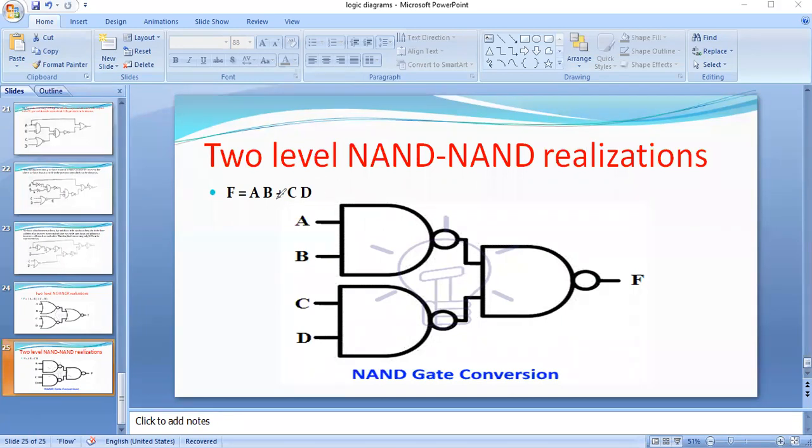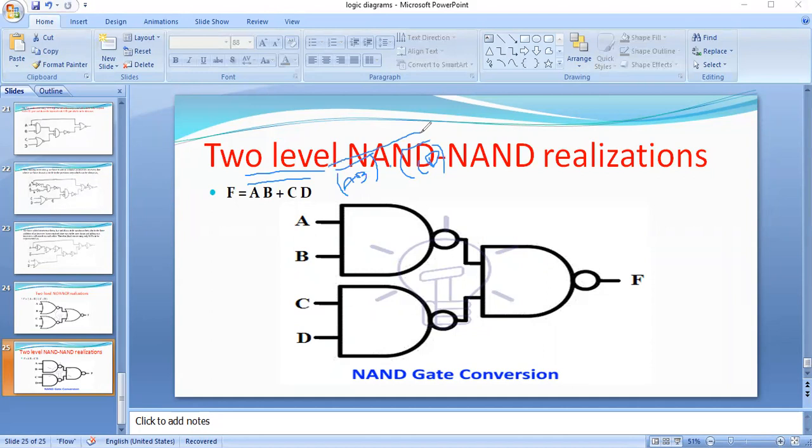If you want to implement this function using NAND gates, we only have the dot operation. So to convert this OR operation into a dot operation, I'm taking a double whole bar and applying De Morgan's theorem. The whole bar of (A plus B) means A bar dot B bar, where A means AB and B means CD. So AB whole bar dot CD whole bar, and another whole bar we have.